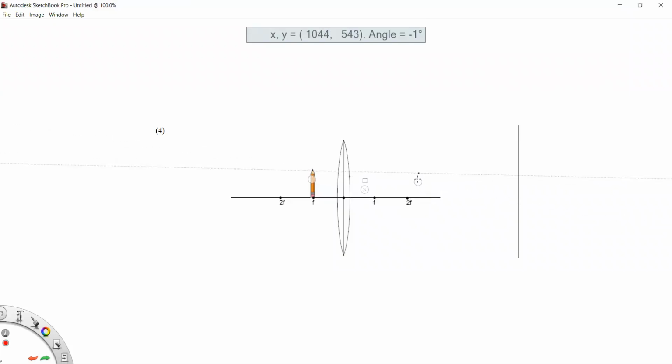So your object here is at the principal focus. Any ideas where the image would be if your object is at focus? Sir, it isn't formed, it becomes something strange, or I read that it is diffuse. We'll see. Yes. Where is Hamza and Sarim? Usaid is already there. So where would the image be?